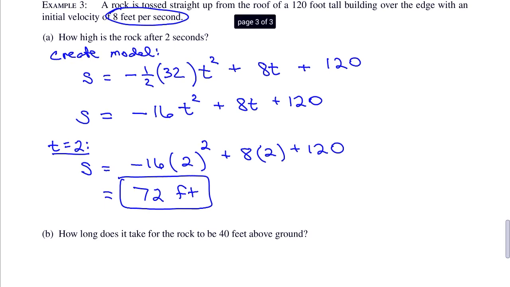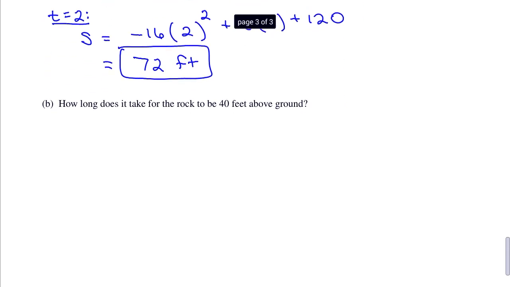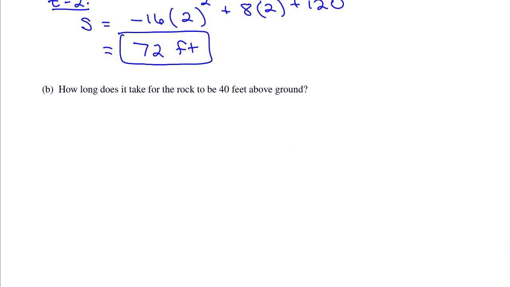In part B, how long does it take for the rock to be 40 feet above ground? So this time, 40 feet above ground is the s value. S is equal to 40. So we'll take 40 and set that equal to our equation, negative 16t squared plus 8t plus 120.